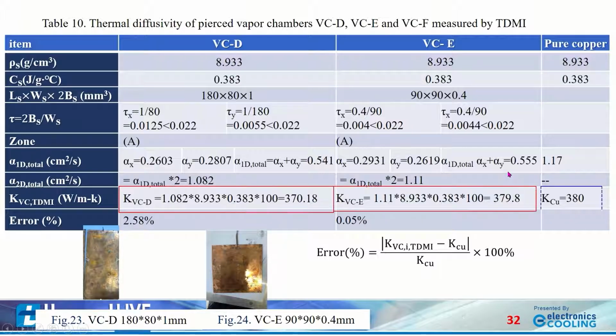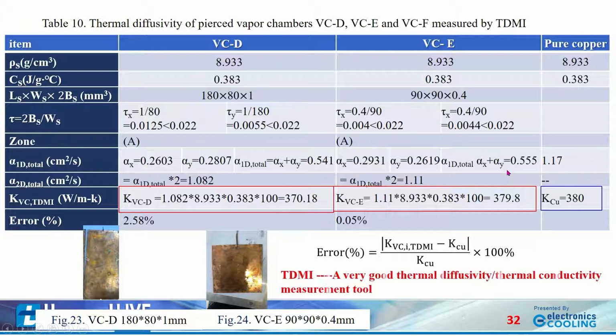Measuring the thermal diffusivity of these two pierced vapor chambers, we get thermal conductivity values of 370 and 380 respectively, which is very close to the thermal conductivity 380 of pure copper material. Therefore, TDMI proved to be a very good thermal diffusivity and thermal conductivity measuring tool.